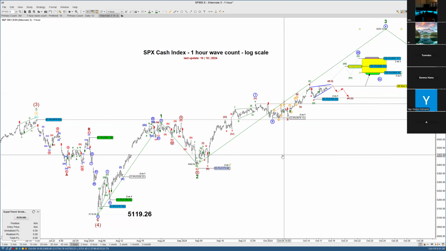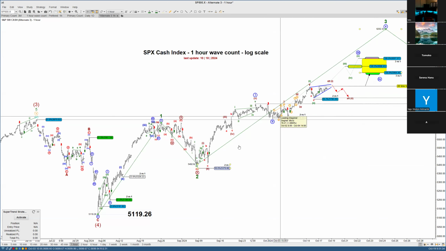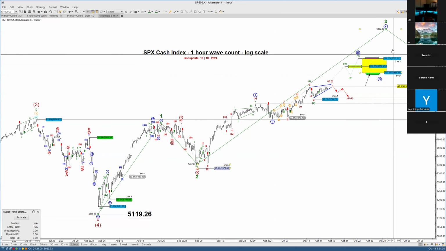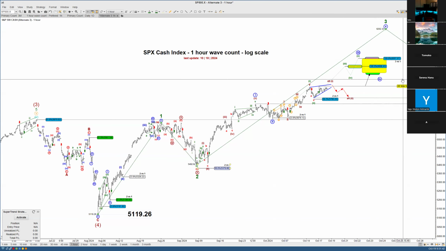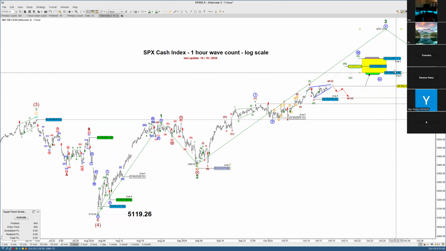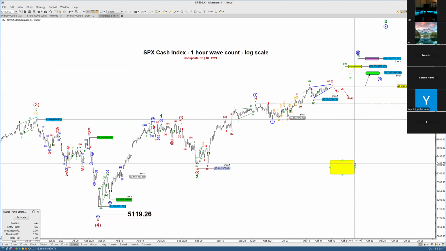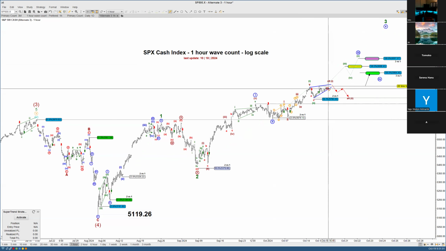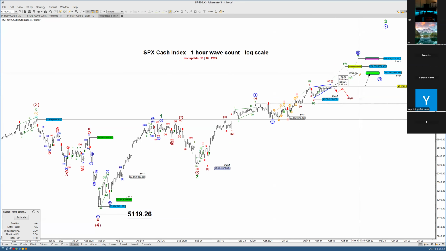Motive wave: 1, 2, 3, 4, and 5. Third is the longest wave. It cannot be the shortest. So I need at least, to satisfy this count, 59.64. From 69.54, we're looking at 1.70% upside.